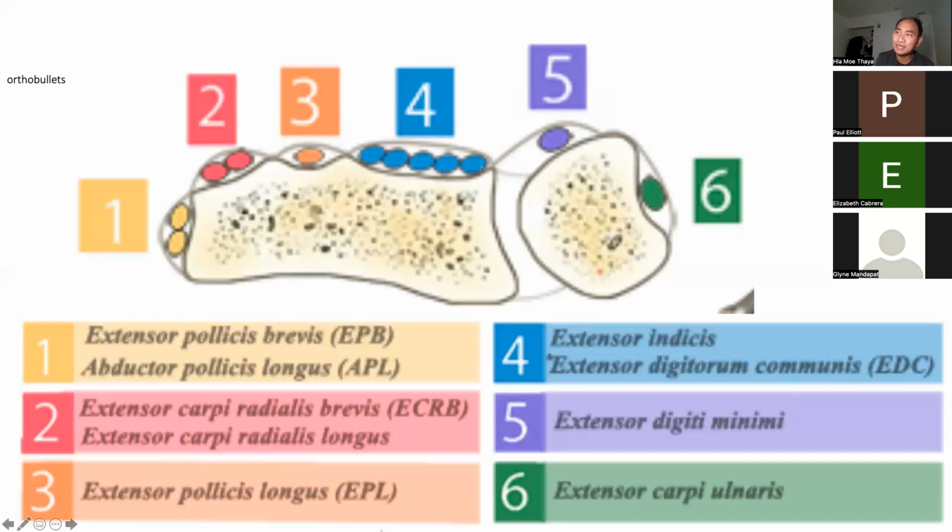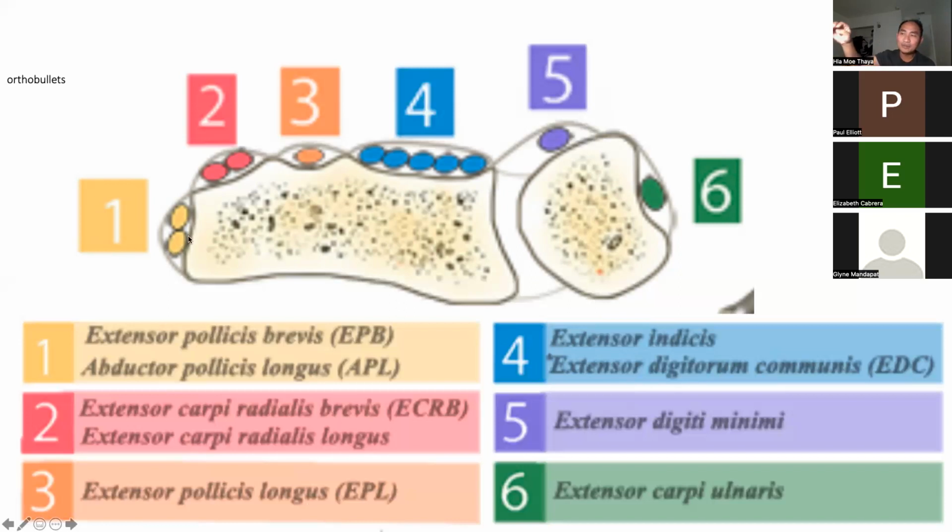So these are the muscles here. And we said this tendon, number 3 group, is attached here, stretching the thumb, and therefore we say extensor pollicis longus tendon. So the only tendons we should remember are number 1 and number 2 now. Number 1 is extensor pollicis brevis and abductor pollicis longus.